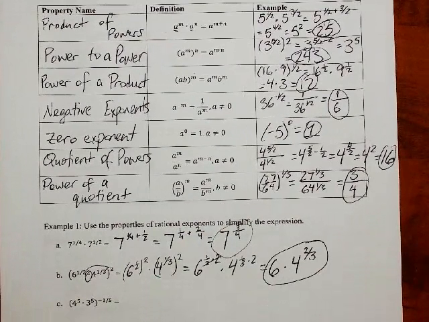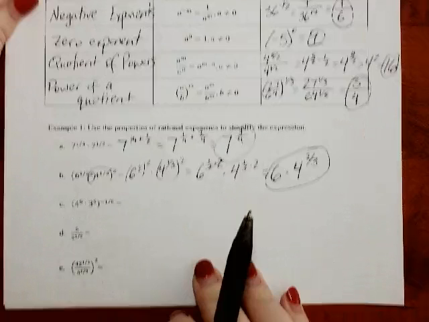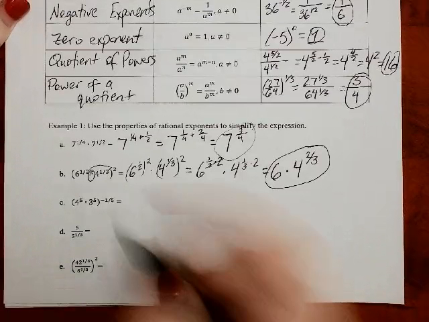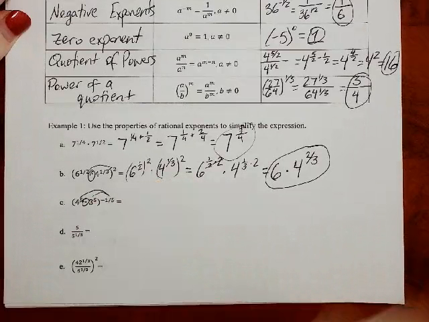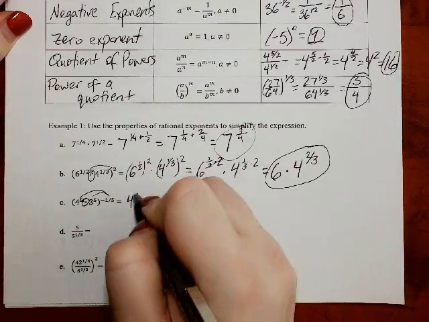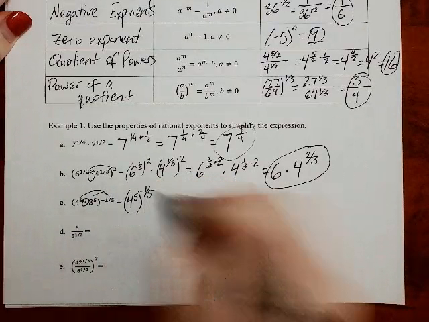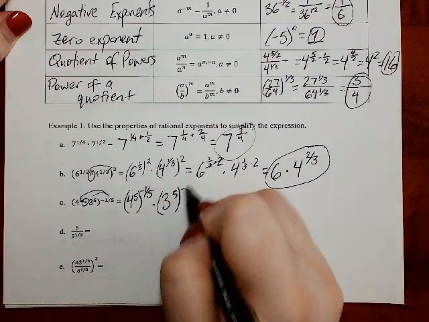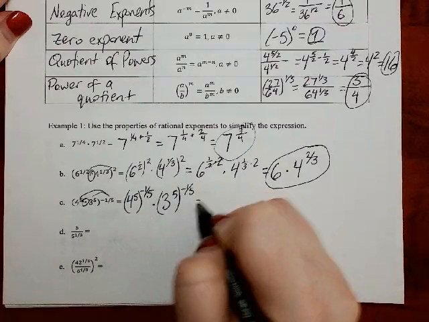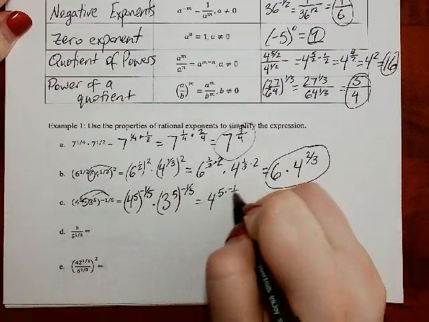Okay, here we have a power of a product again. So we can distribute this out because we have a multiplication sign here. So 4 to the 5th to the negative 1/5 times 3 to the 5th to the negative 1/5. We can multiply our exponents because we have a power to a power.